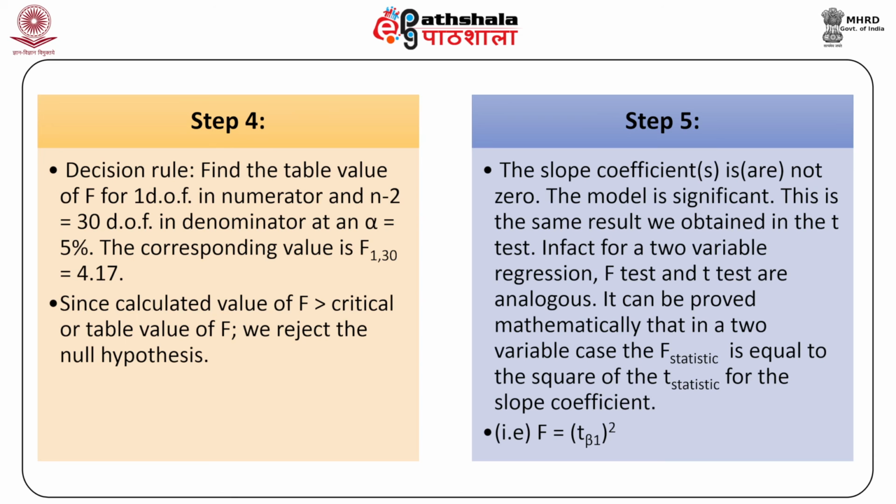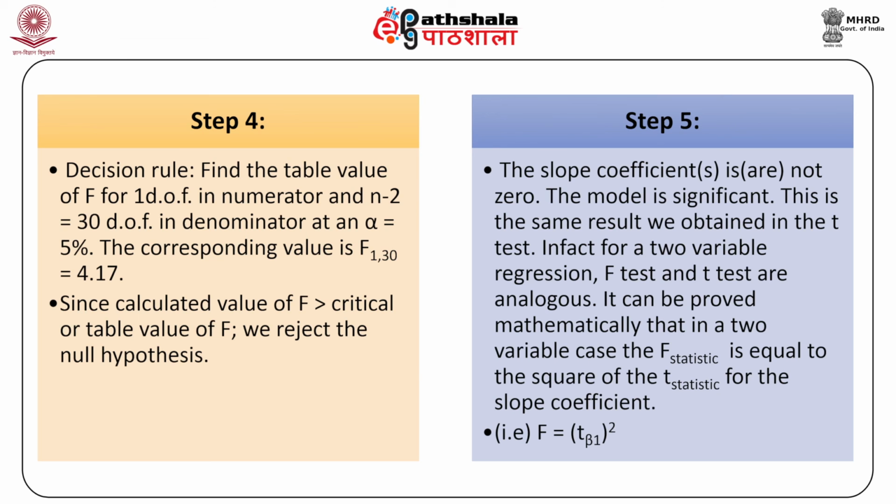Since the calculated value of F is greater than the critical or table value of F, we reject the null hypothesis. Step 5, the slope coefficient is not 0. The model is significant. This is the same result we obtained in the t-test.